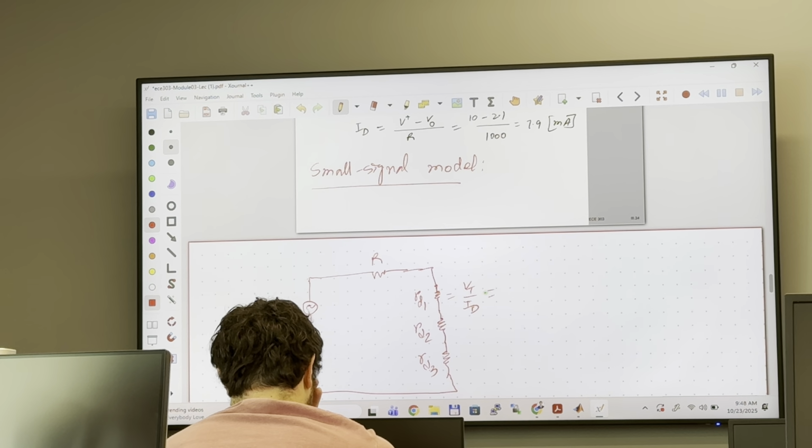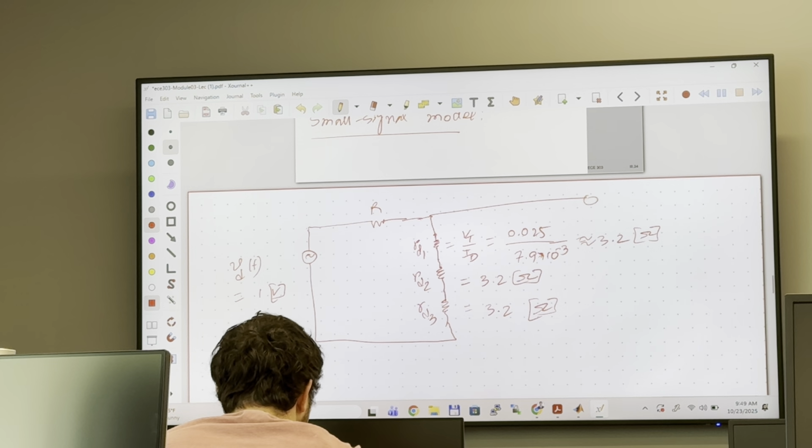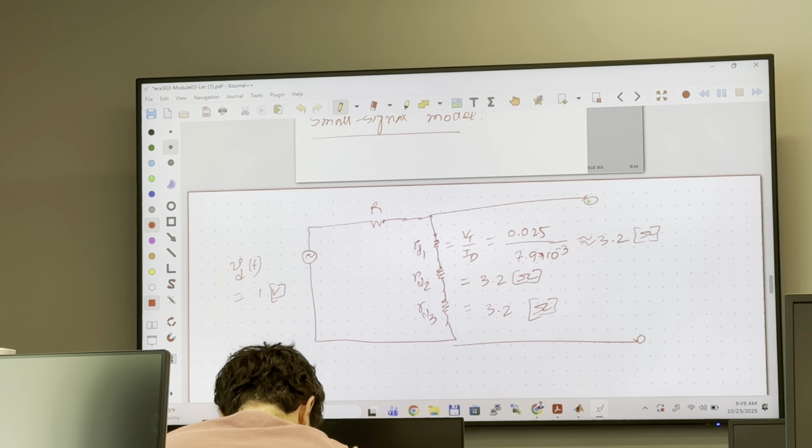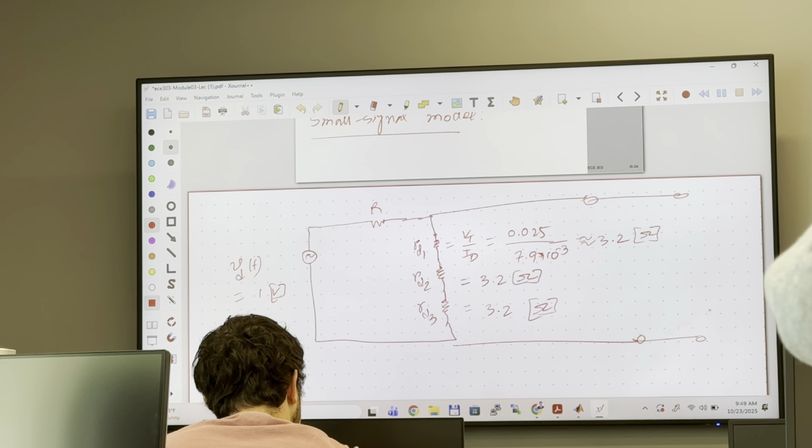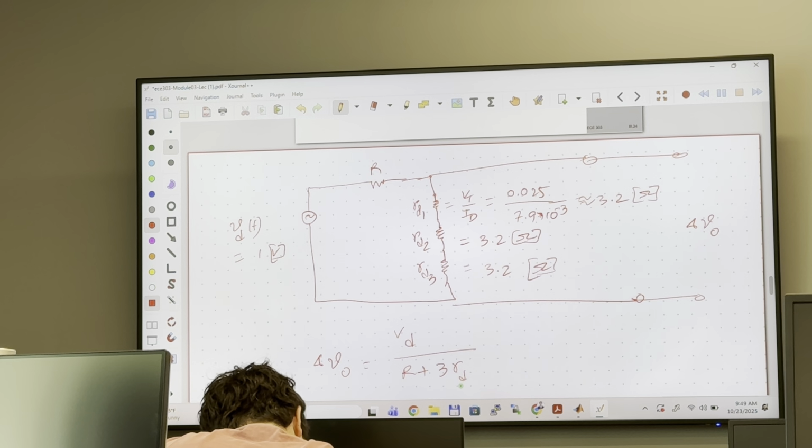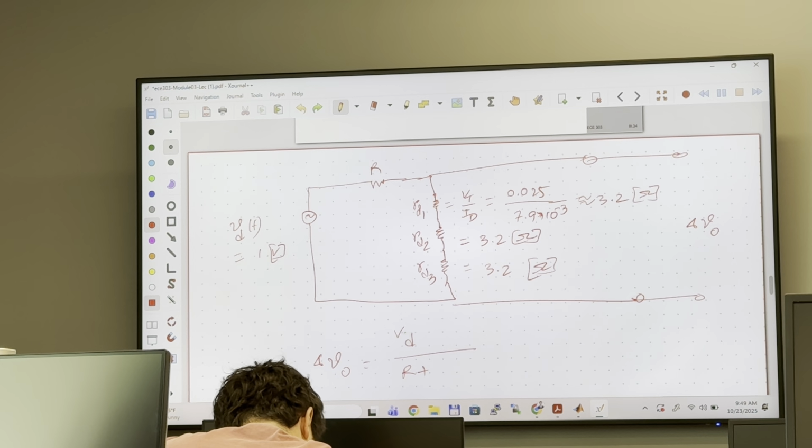So therefore, because of this small signal, the output that you are getting here, I call this delta VO. And this delta VO is going to be, using the voltage division principle, the input over R plus 3 RD. That should not be VD.